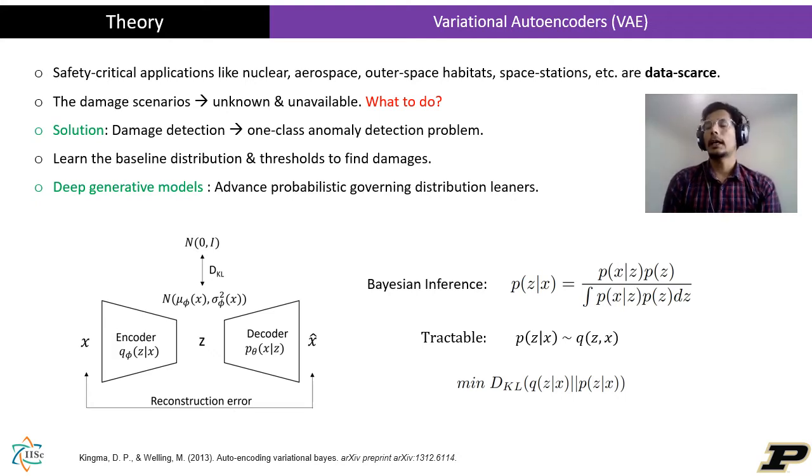So what are variational autoencoders? An autoencoder basically has an encoder and a decoder. You put in the input and output the same, and it learns the latent representation, which is a lower dimensional feature representation of the data set. But an autoencoder doesn't learn a continuous distribution.